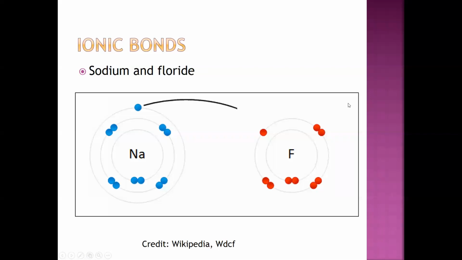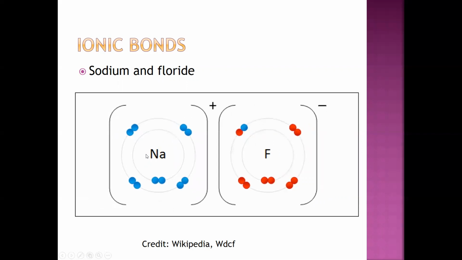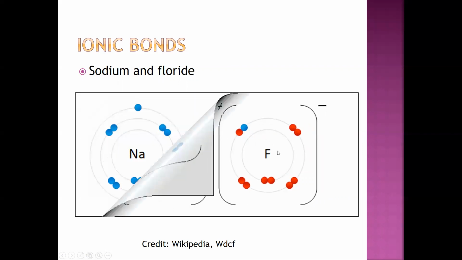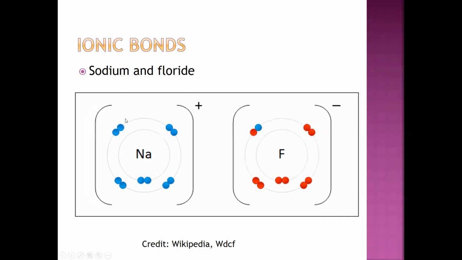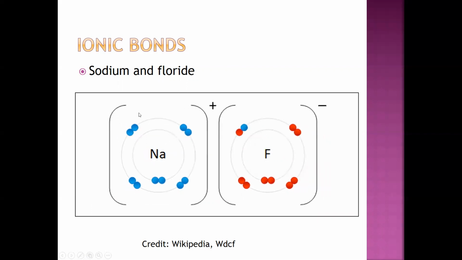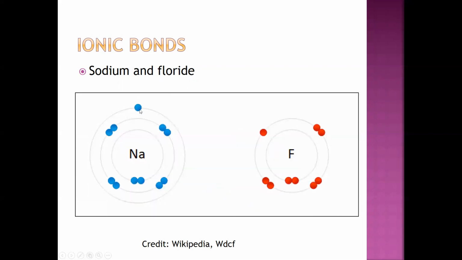And then let's look at ionic bonds. So remember I said that sodium was on one side of the periodic table with very low electronegativity, and this is a very electronegative atom. So what it does is, and you can kind of see why, it steals the electron from the outer electron shell, which only has 1 electron. So sodium's happy not to have that outer electron shell because really it should have 8.